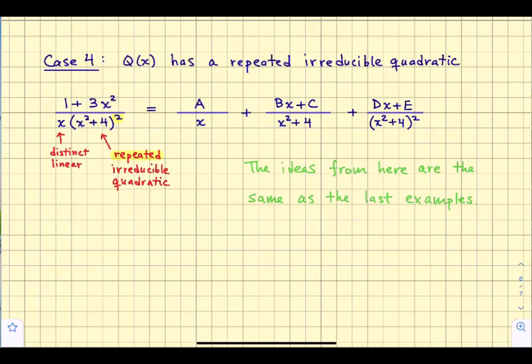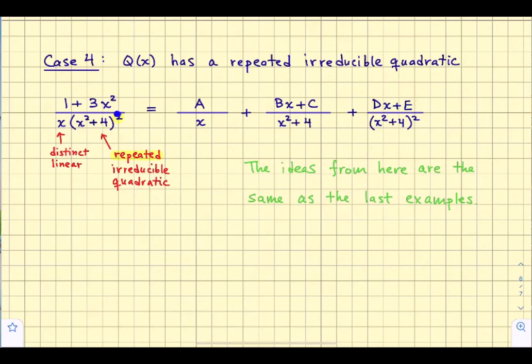It's always a general linear function. So we've already used a, so this should be bx plus c. Notice we're counting up on the powers of our irreducible quadratic. When you have an irreducible quadratic, your numerator is a general linear function. So I need to put a different general linear function here. I've already used bx plus c, so how about dx plus e?